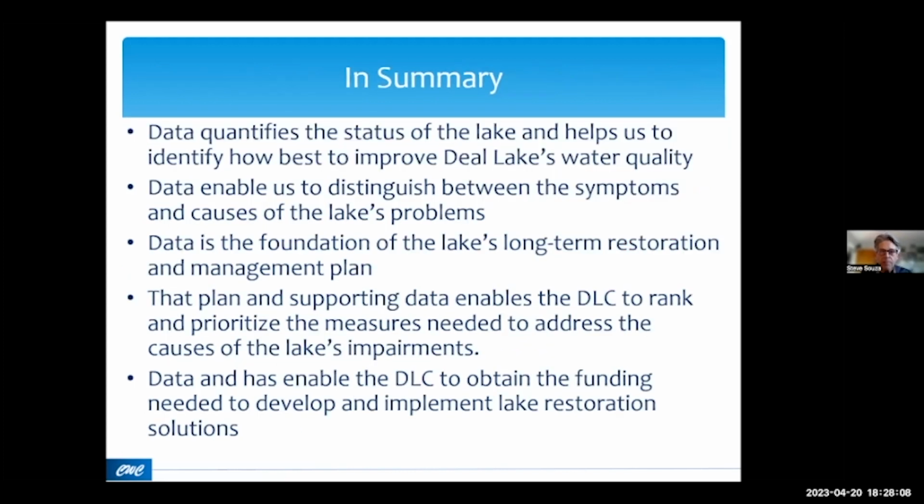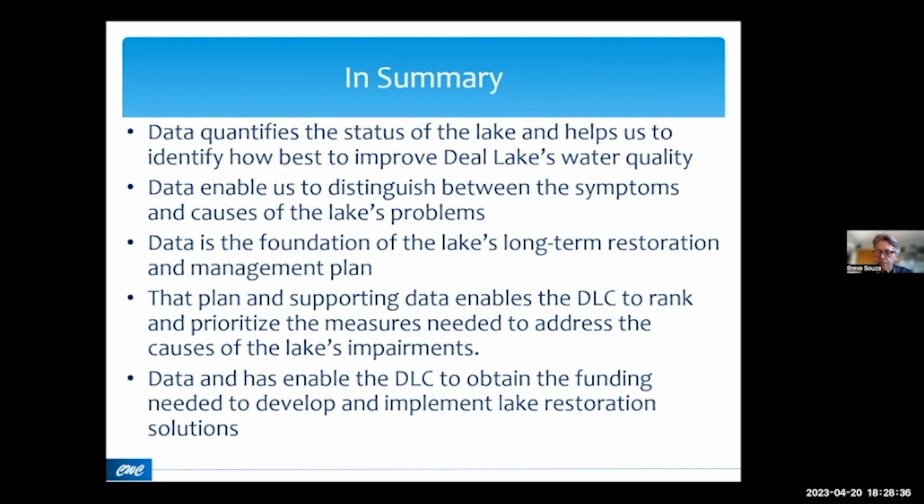So in summary, data is used not only for Deal Lake, but for every lake that's studied to really quantify the status of the lake and then help us identify ways to best improve the lake's water quality. It helps us distinguish between a symptom of a problem and the actual cause of the problem. And that data then becomes the foundation for that long-term restoration and management plan that we need to guide our efforts.